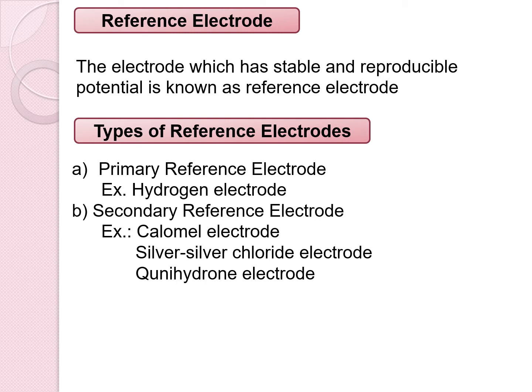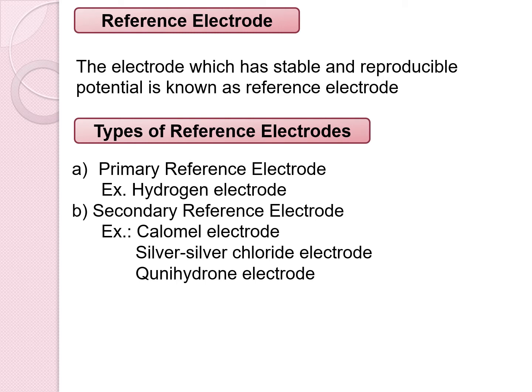The first reason is that their potential value is known. If we take the example of hydrogen electrode, its potential value is 0 volt, while that of calomel electrode is 0.241 volt. Means their potential value is known. So the first criterion is that their potential value should be known.